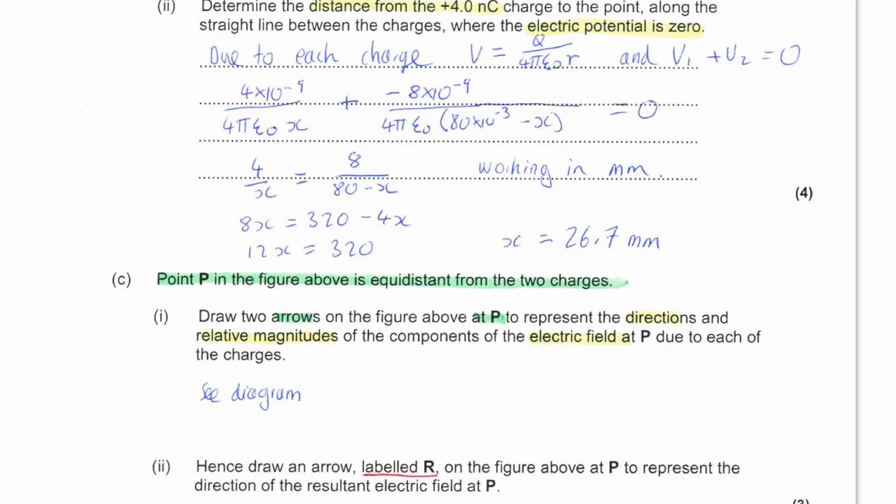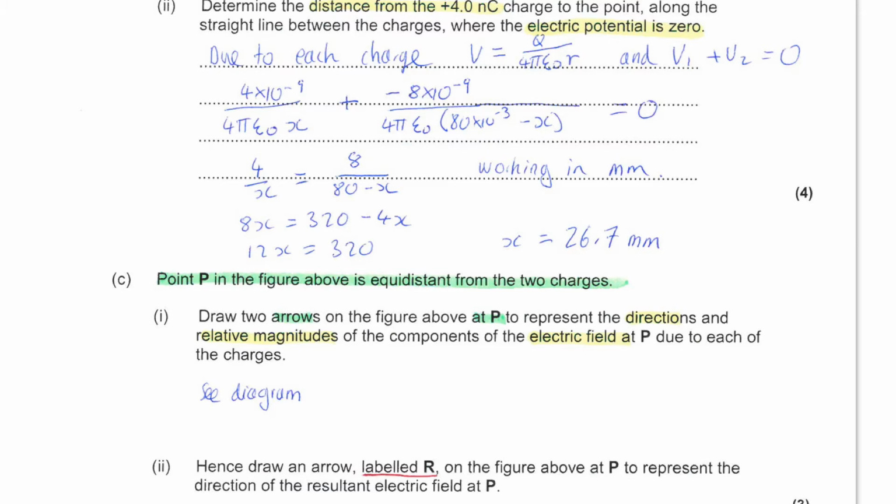So the sum of these potentials is 0. Now that does look a little bit messy to solve, but if you think about it, you can do some cancelling and you can very quickly make it look a lot more manageable.